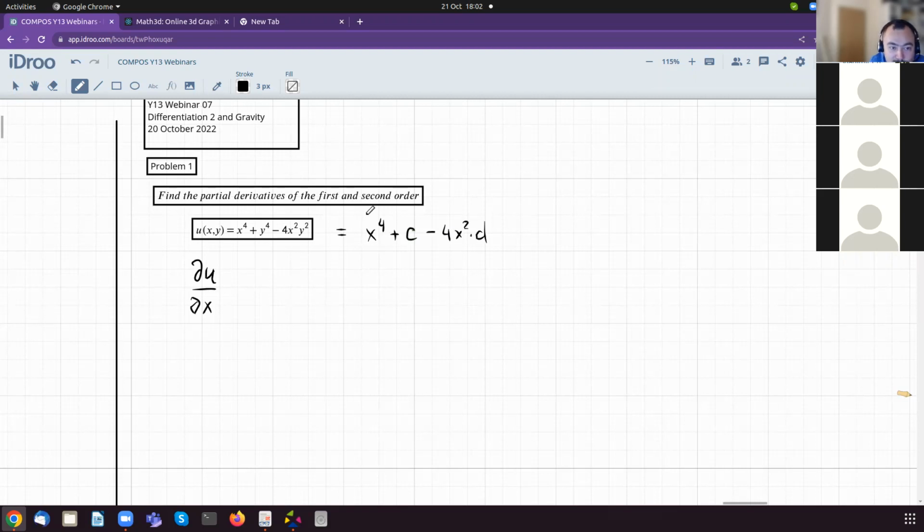right? So this is what we are thinking about. And we just find the derivative of that, and that's 4x cubed plus 0, because the derivative of that is 0, minus 8x d.